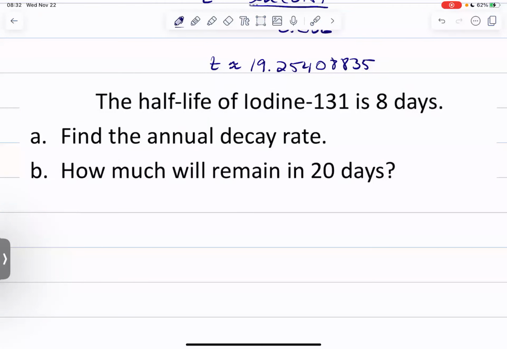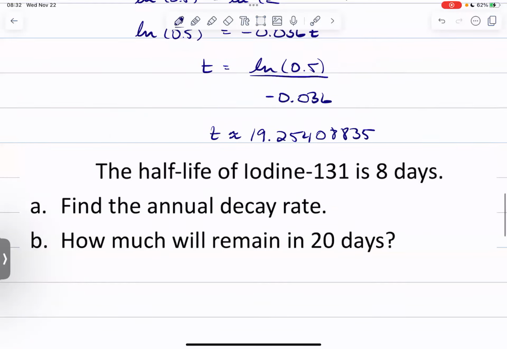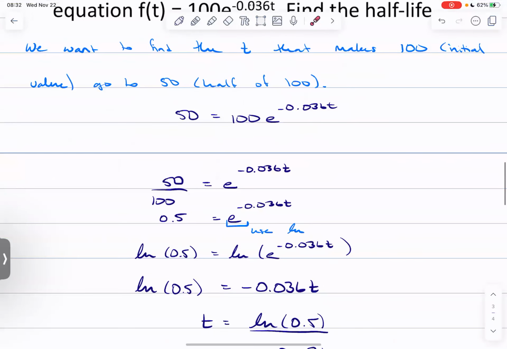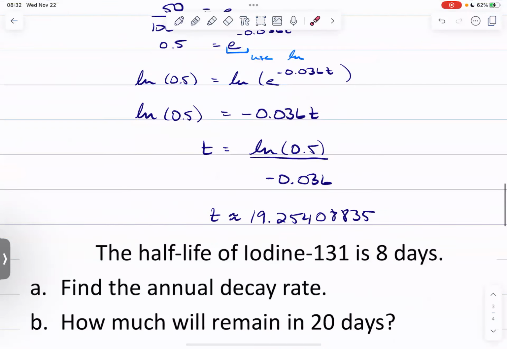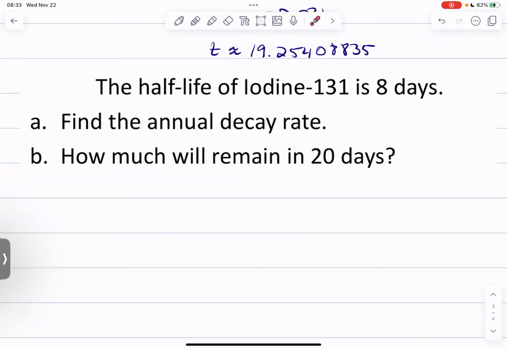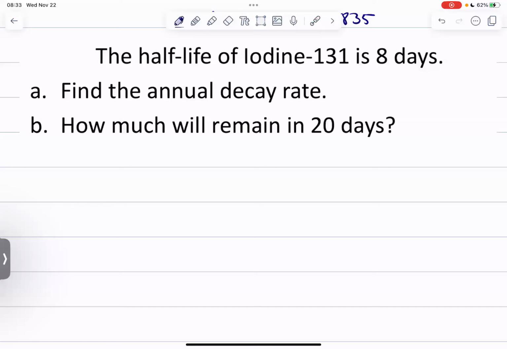And I'm going to assume it follows the continuous decay rate. Fair assumption. It's continuously decaying. It's not just decaying, decaying, decaying. So where I'm going to start is I'm going to say f of x is a times e to the k times x, right?